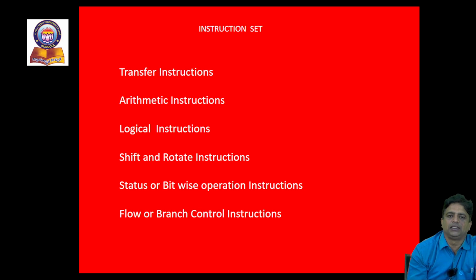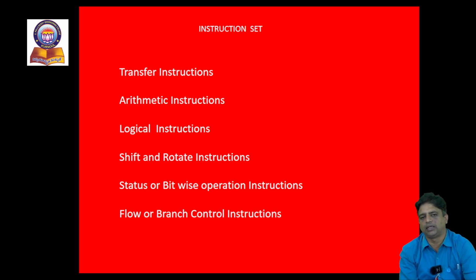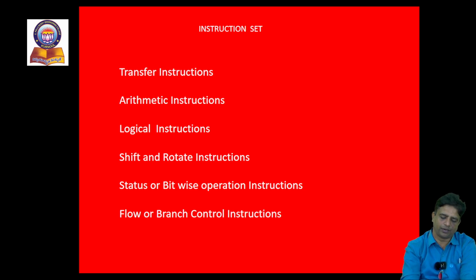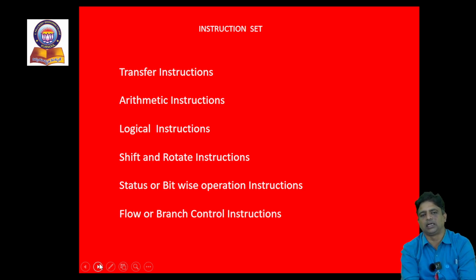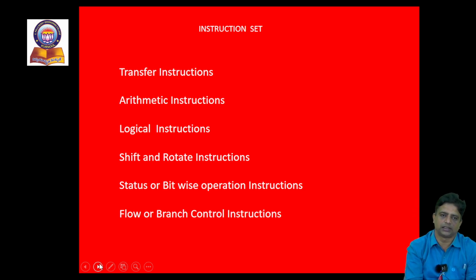The major operations that we can perform on any operand are transfer from one place to another, performing some arithmetic or logical operation on that operand, or shift, rotate, or give some enhancements with logical or boolean operations on the operands obtained, or we can shift the control of the program flow from one place to another, which we consider as conditional or unconditional branch control instructions.